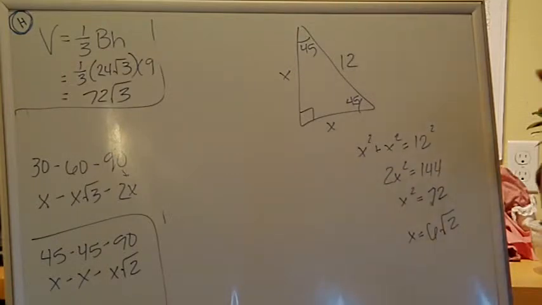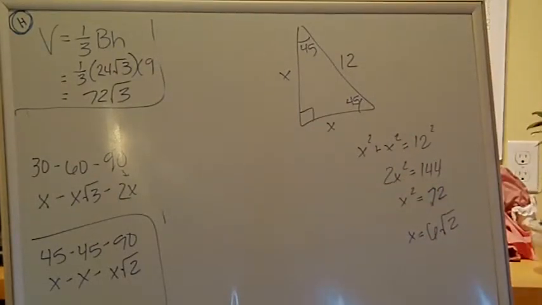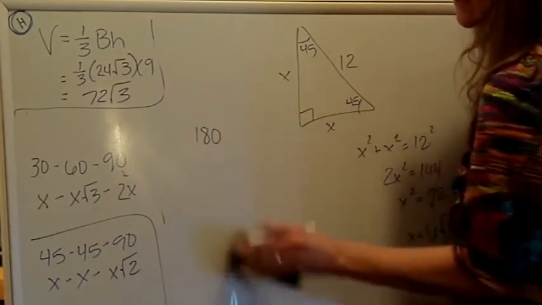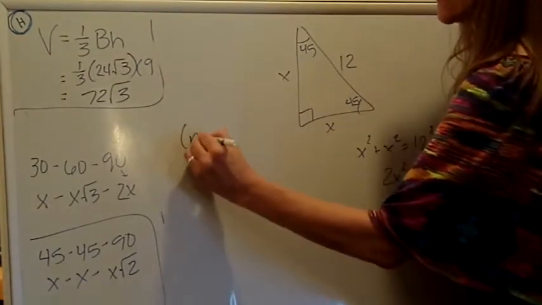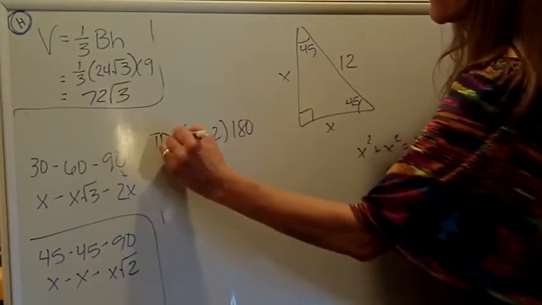But in this one problem, there are so many facts you need to know. You needed to know that that big angle was 120 degrees. How do you find that? Well, you have this formula: number of sides minus 2 times 180 gives you total degrees of a polygon.